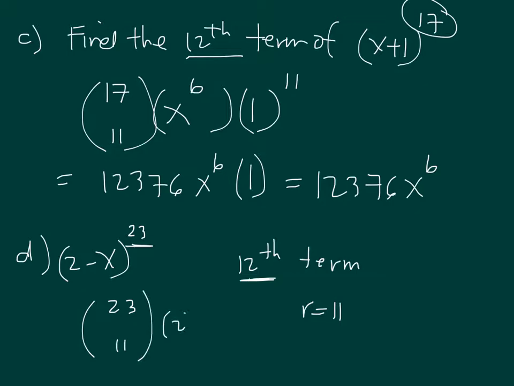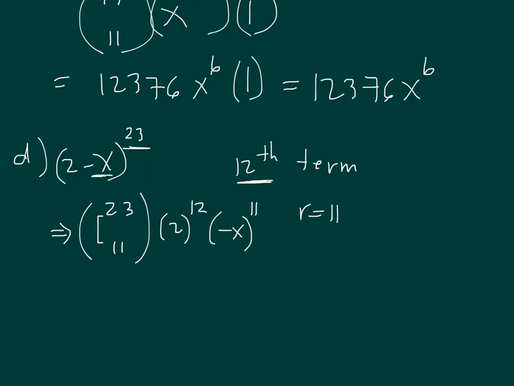The first is 2, so the exponent is the difference of 23 and 11, and that's 12, and then you have minus x, so this is negative x raised to the r, which is 11. Okay, so this will be the 12th term.